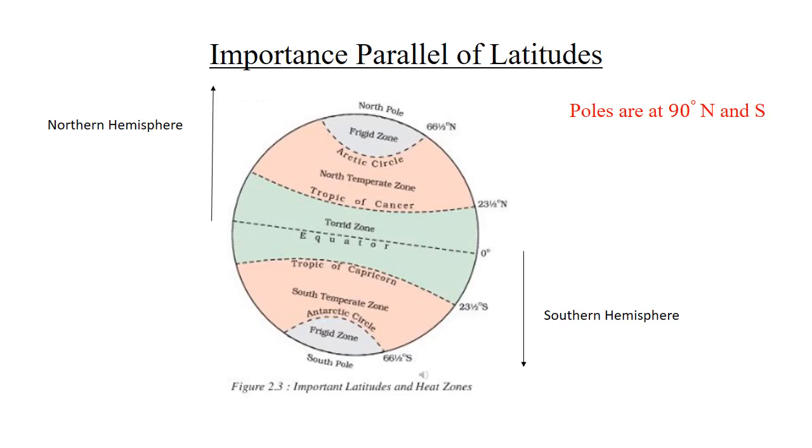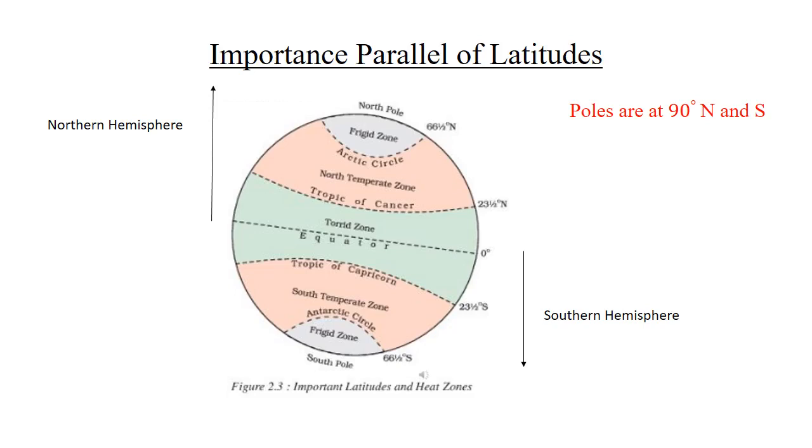As I have told you, both the poles are at 90 degrees. The North Pole is at 90 degrees north and the South Pole is at 90 degrees south. And the reference point of the equator is 0 degrees, which divides the earth into two hemispheres.